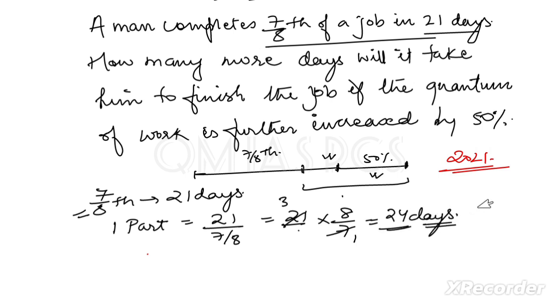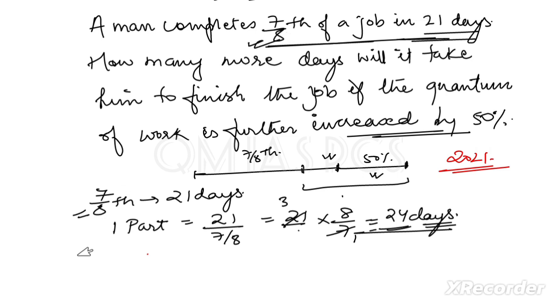Is it clear? We started from the only given hint, that is 7 by 8 of work in 21 days. Later on, the second condition is that it is increased by 50%, that's all. So first understand this one. The work will be completed in 24 days, but that person has completed 21 days, and in 21 days he has completed 7 by 8 part.